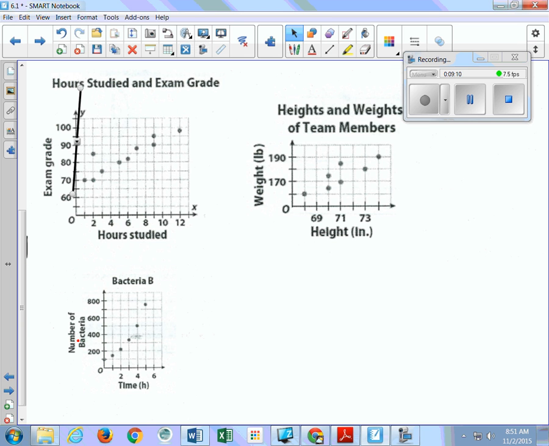If I take my vertical line, does any of those hit twice? Right here at 2, it hits twice, and at 9, it hits twice. So since it hits twice on that vertical line, it is not a function. Not a function.